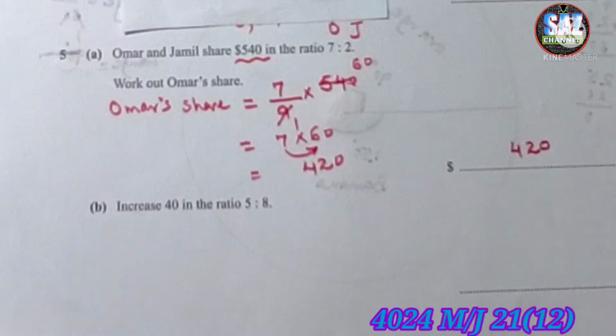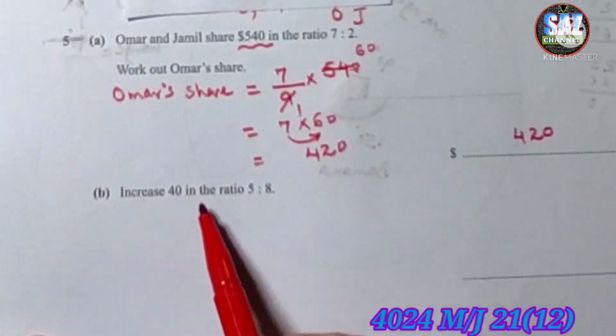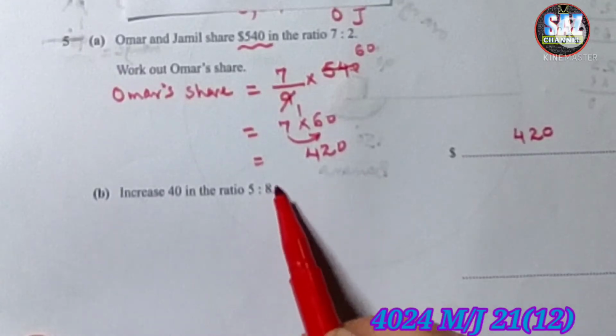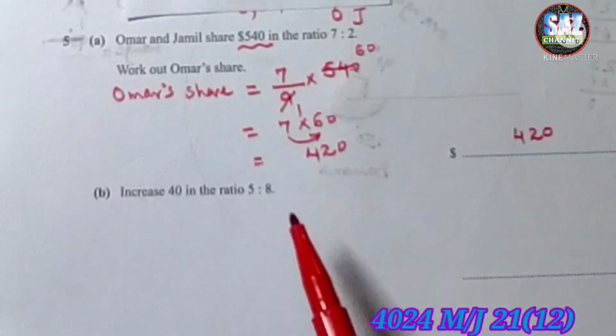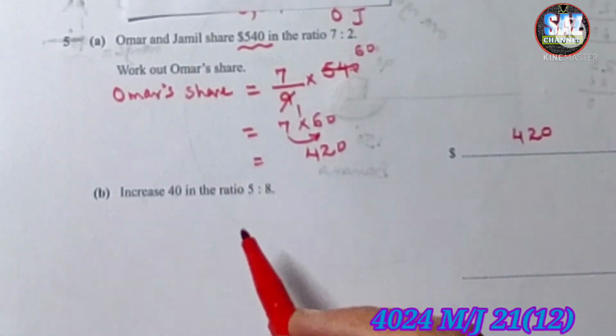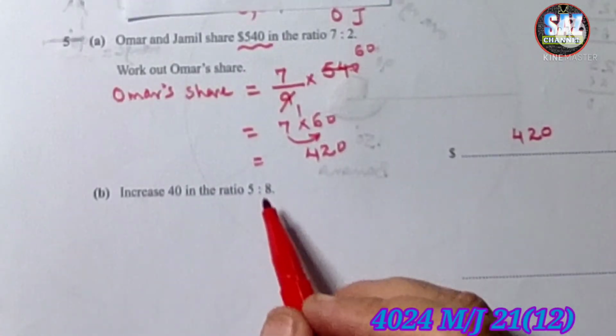Okay, really easy question. Moving to the next question, that says increase 40 in the ratio 5:8. In order to increase in this ratio, we have to multiply this number with the fraction 8 by 5.